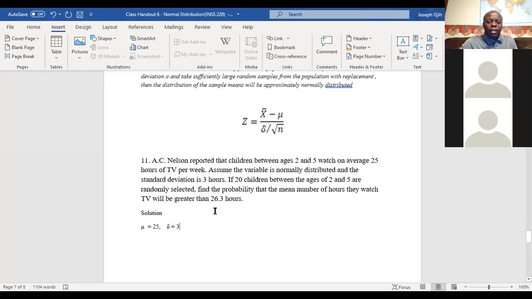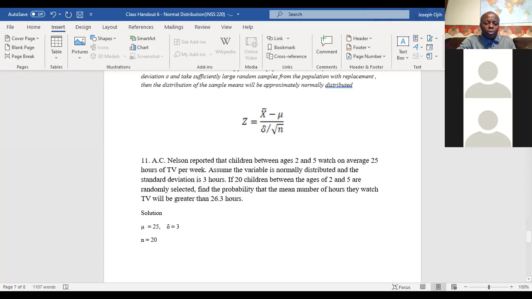Now, they selected a sample of 20 children. For this sample of 20 children, they asked us to find the probability that the sample mean is more than 26.3, that they spend 26.3 hours a week watching TV.